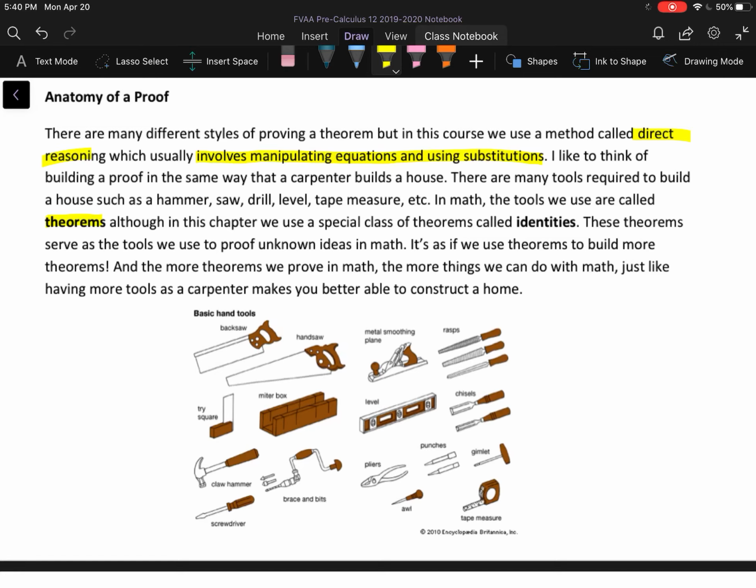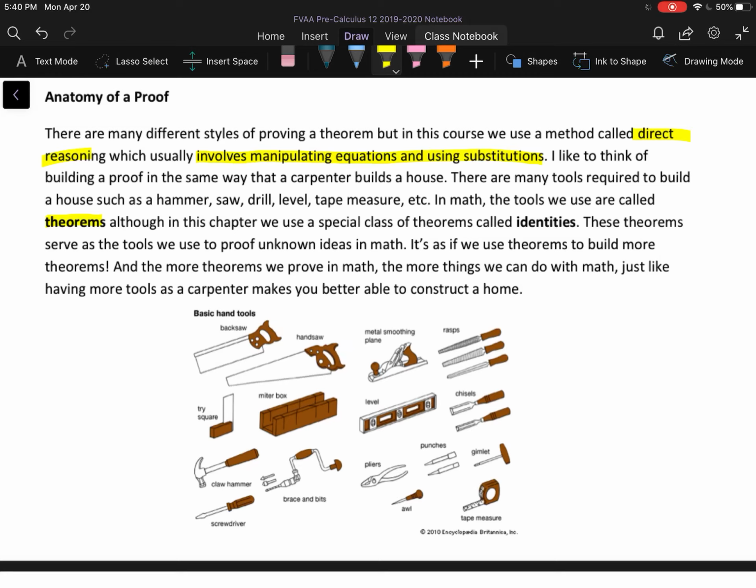These theorems serve as tools we use to prove unknown ideas in math. It's as if we use theorems to build more theorems: things that have been proven in the past are then used to help prove things in the future. The more theorems we prove in math, the more things we can do with math, just like having more tools as a carpenter makes you better able to construct a house.